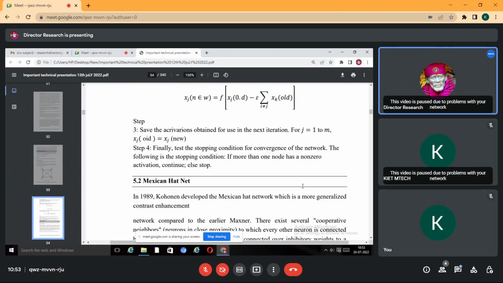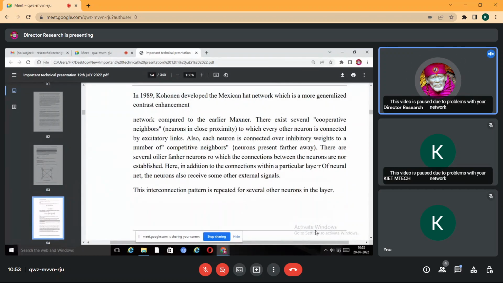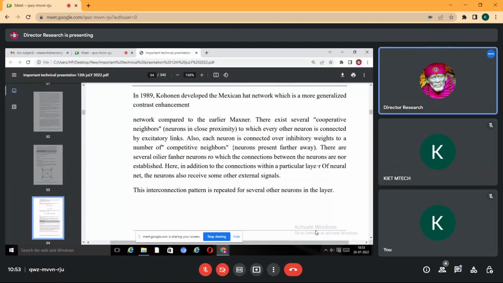MaxCanNet. This is a more generalized contrast enhancement network compared to the earlier MaxNet. There exist several cooperative neighbors, numerous in close proximity, to which every other neuron is connected by excitatory links.